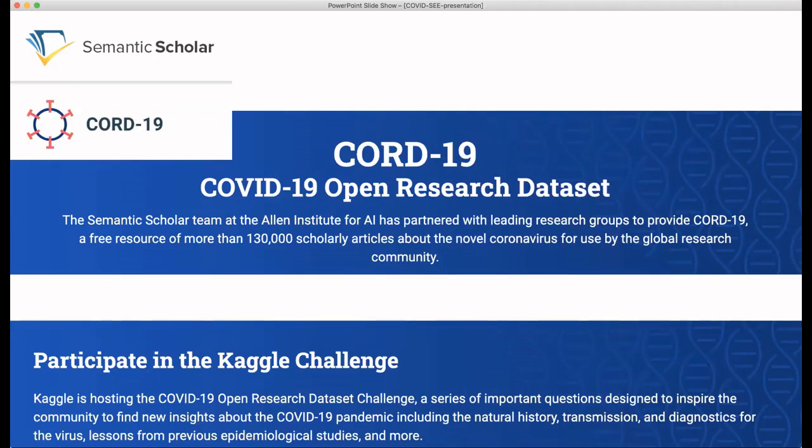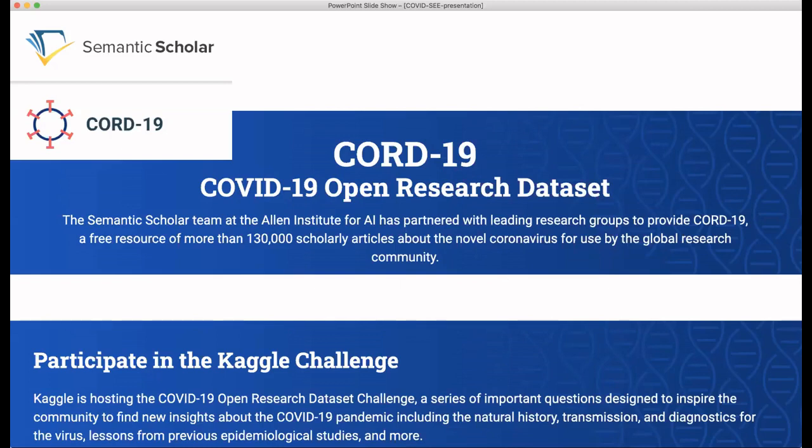And so they then made that research data set available, and this includes not only formal publications, peer-reviewed publications indexed in PubMed, but also medRxiv and arXiv and bioRxiv, other resources where the literature was made available, and invited people in the community, the data science community, to have a go and try to find ways to gain insights about COVID-19 through the lens of the information that was coming out in the literature.